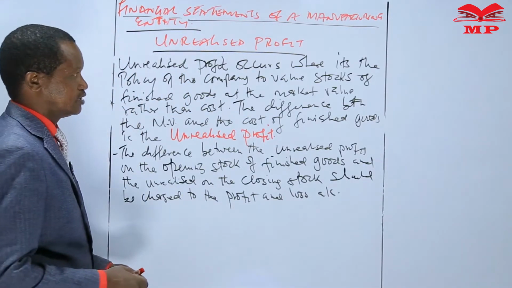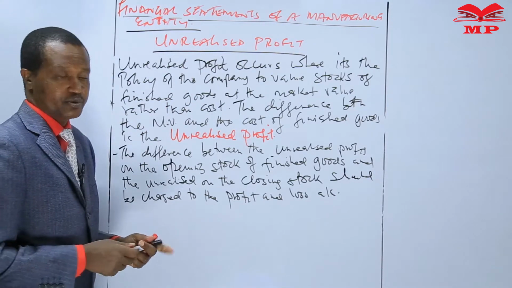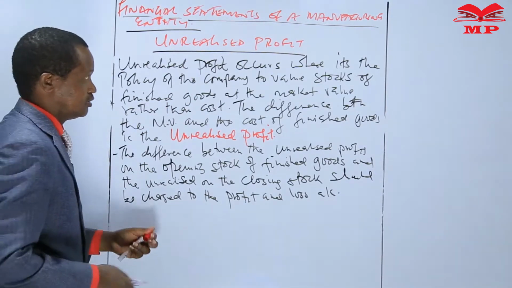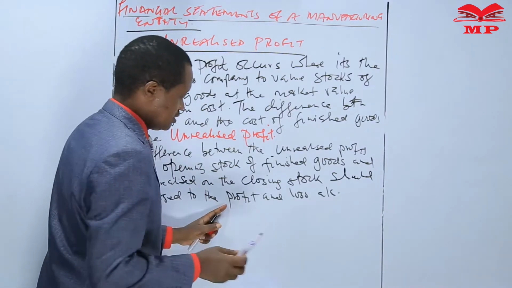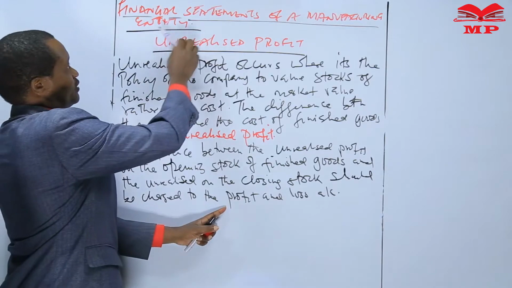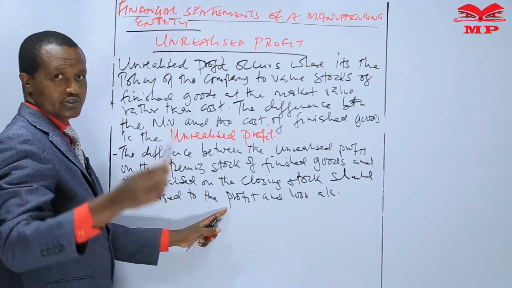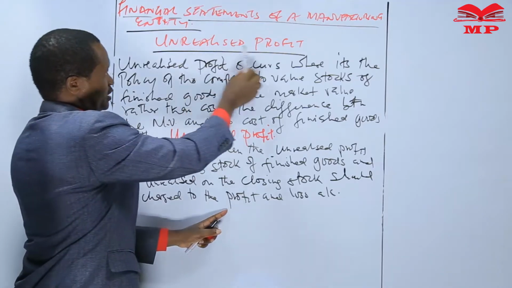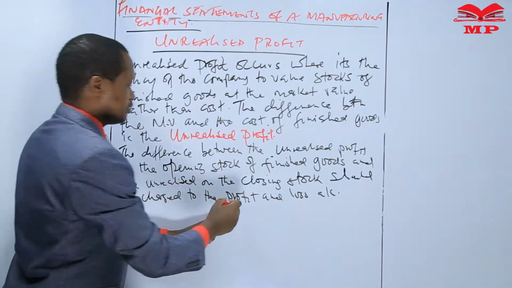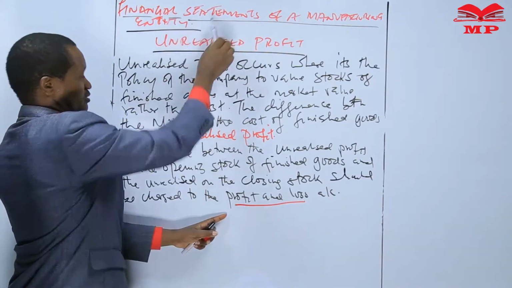Remember, we are learning how to treat unrealized profit. Now we are learning how to do the financial statements of a manufacturing entity. So, treatment of unrealized profit in the profit and loss account. This is a financial statement, okay?